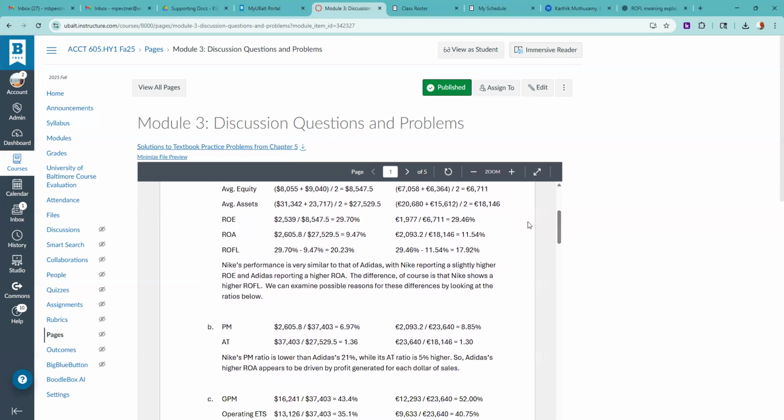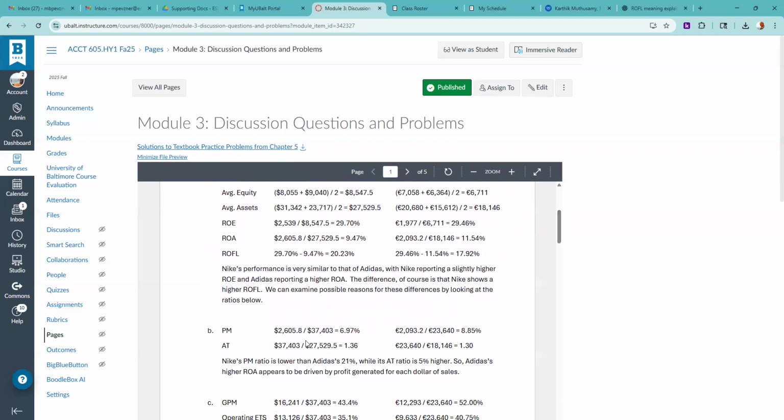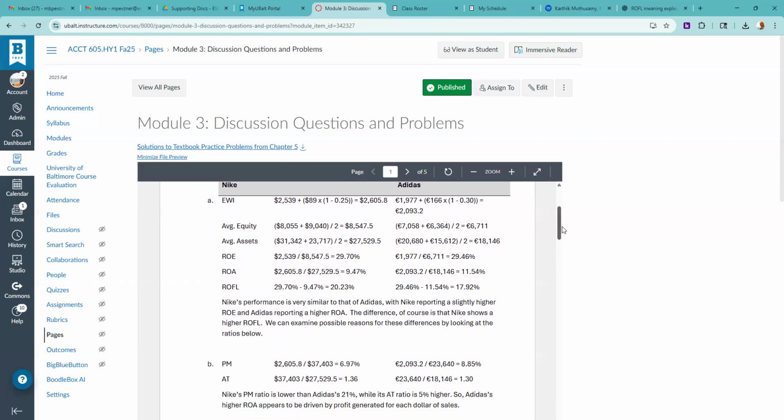That's why they calculated it up here, right? So they're taking a ratio of operating income after taxes divided by sales. We're given sales on the second page. And you can see the profit margin is 6.97 for Nike and 8.85 for Adidas.